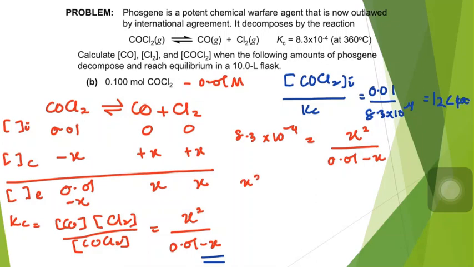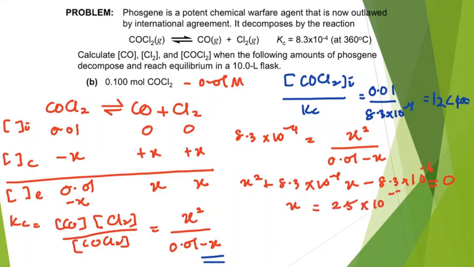And then expand the equation, we'll get x squared plus 8.3 times 10 negative 4 x minus 8 times 10 negative 6 is equal to 0. And then just press the calculator, then we'll get our x value is equal to 2.5 times 10 negative 3.